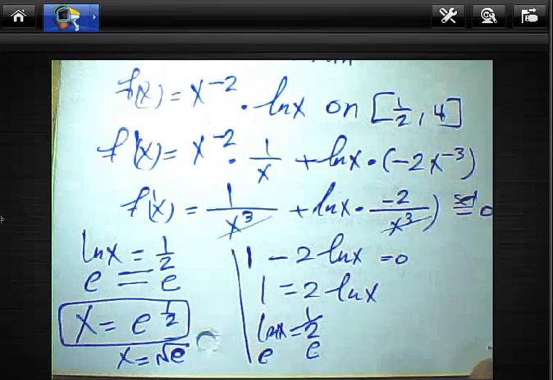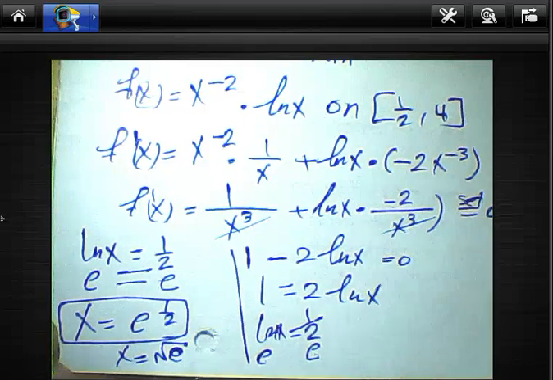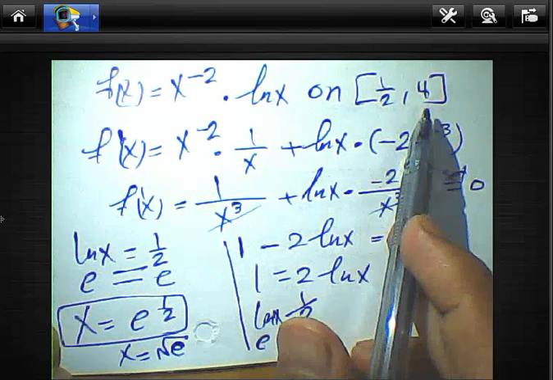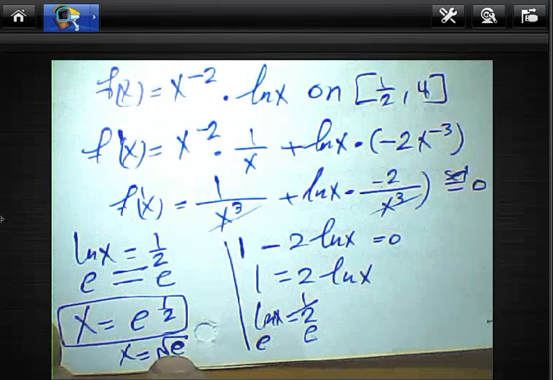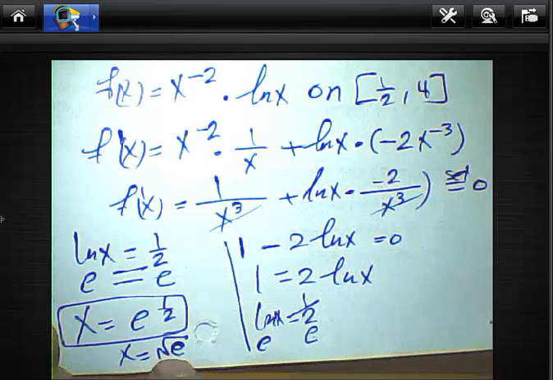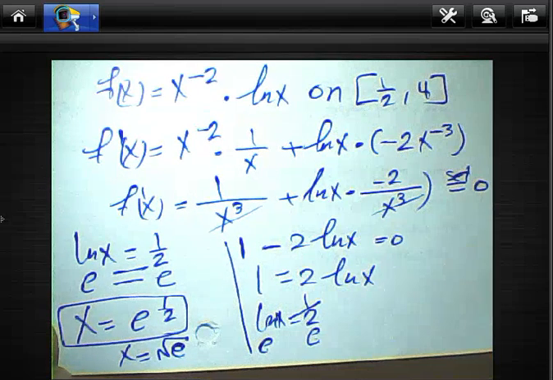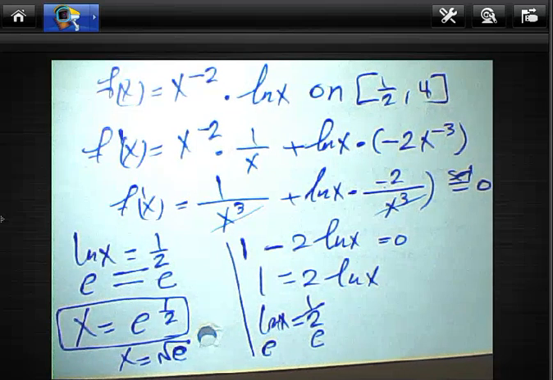It's the critical number of this function, and it belongs to the interval [1/2, 4] because the square root of e is about 1.65. So we must find the value of f at the endpoints, 1/2 and 4, and at the critical number to find the absolute max and absolute minimum.